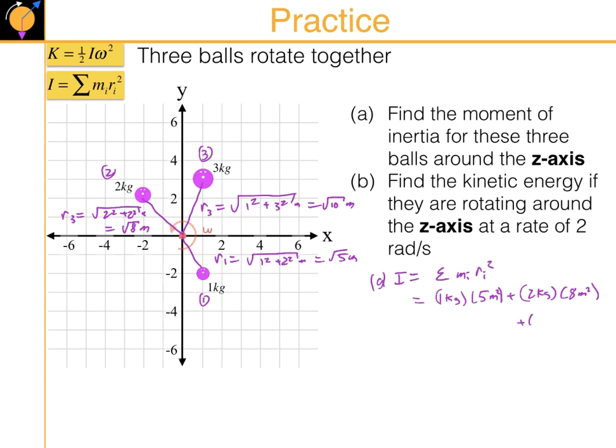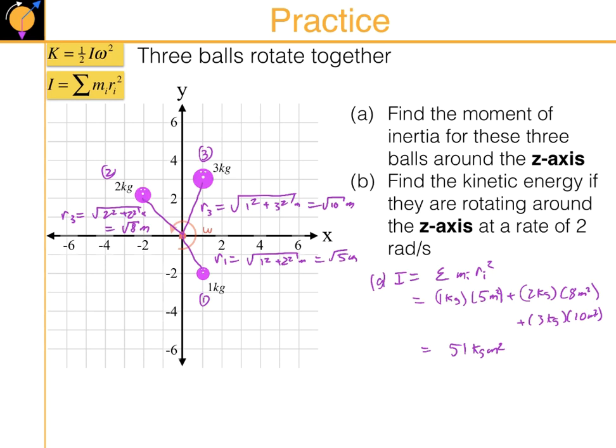And for the third one, it'll be 3 kilograms times square root of 10 squared, so it'll be 10 meters squared, right? And I add all that together, and I end up with 51 kilograms meters squared.